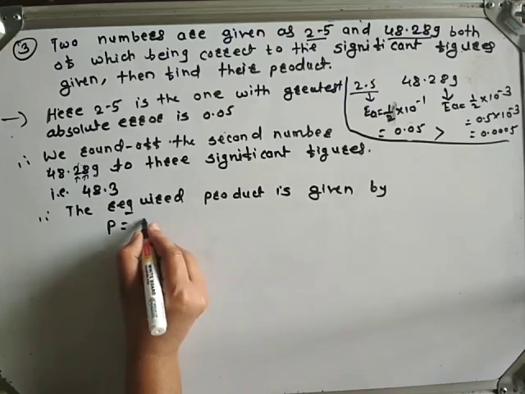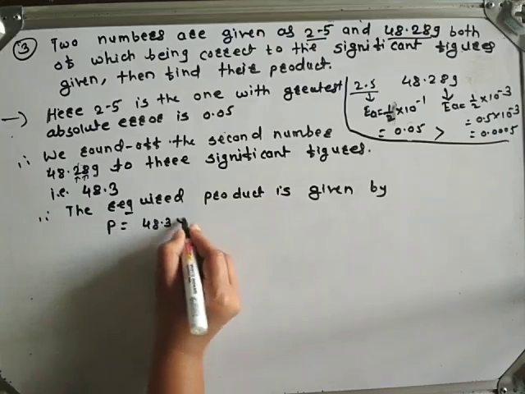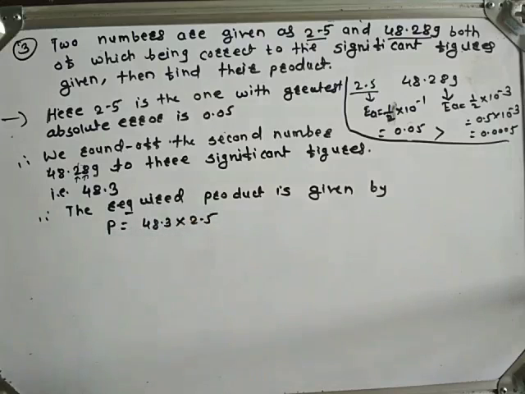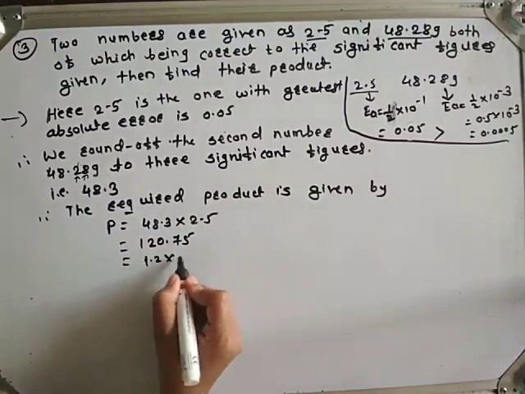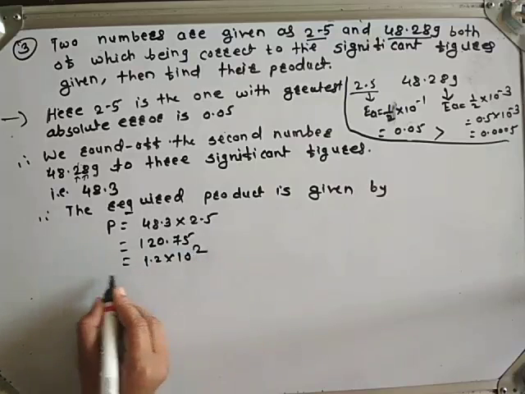P is equal to 48.3 into 2.5, which is equal to 1.2 into 10 raised to 2.